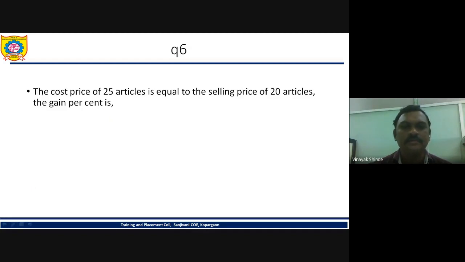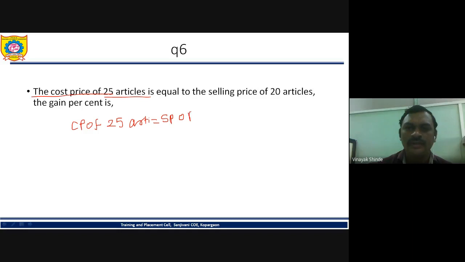I'll tell you what the method is. So what is given here? The cost price of 25 articles is equal to the selling price of 20 articles. Just write down the first line mathematically: cost price of 25 articles is equal to selling price of 20 articles.